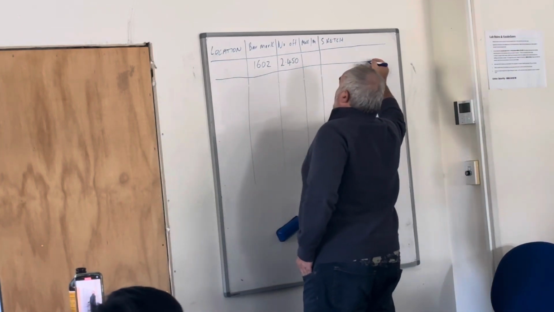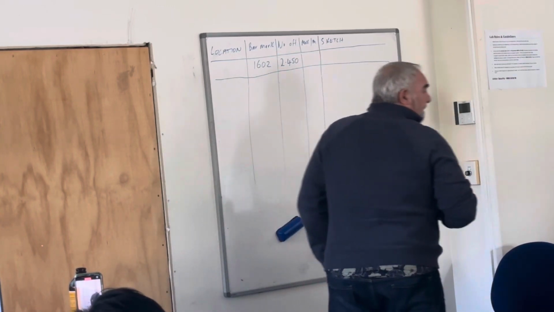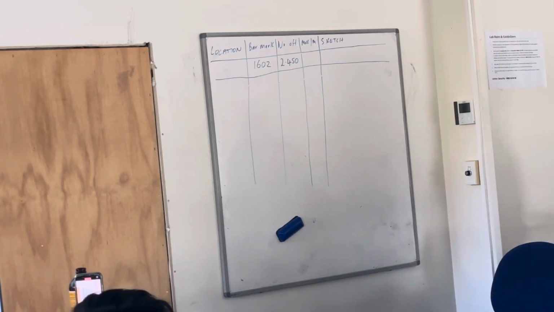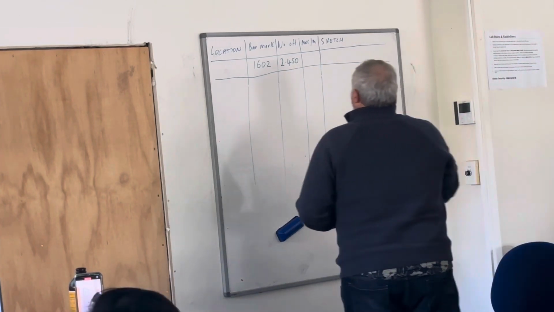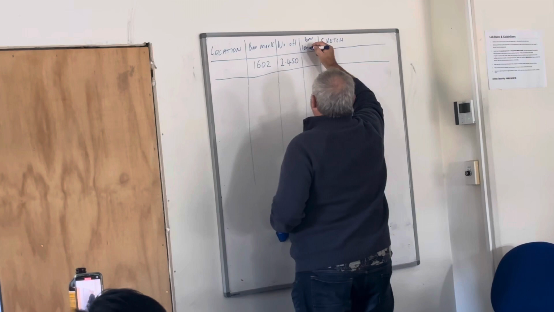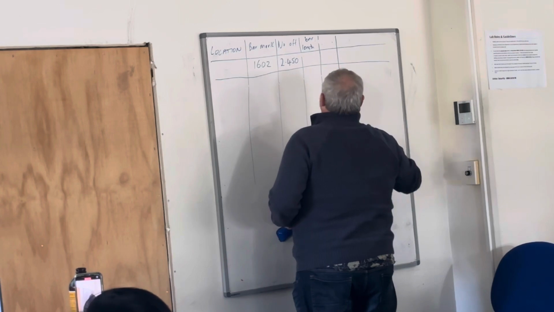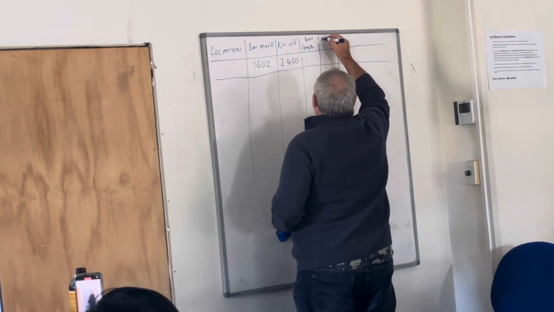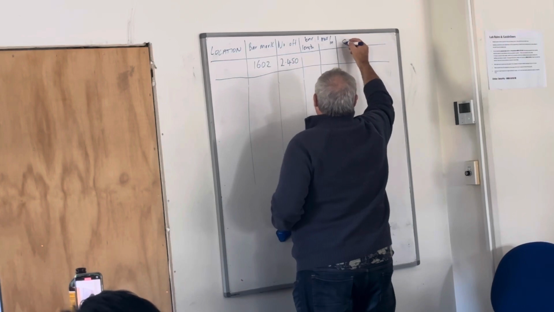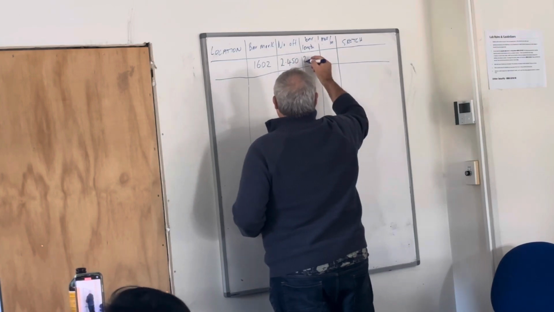Uh-oh, we've missed out a column here. Bar length, here we go though. Bar length after number off, doesn't it? Number off, bar length. Then we have mass per metre, and then we have the sketch. So that's 2.450.